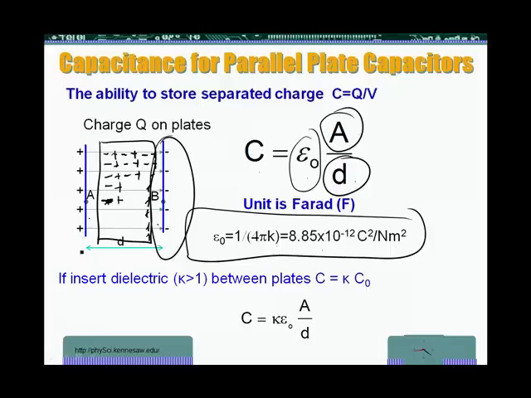So the effect of that is we are going to have an amount of charge plus Q here, an equal amount of charge but negative on this side of the insulator, and we are going to have the opposite on the other side, a plus Q here and a minus Q on the plate.